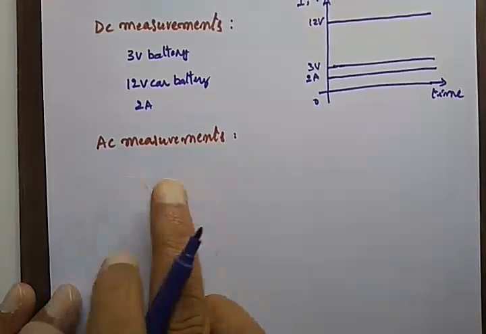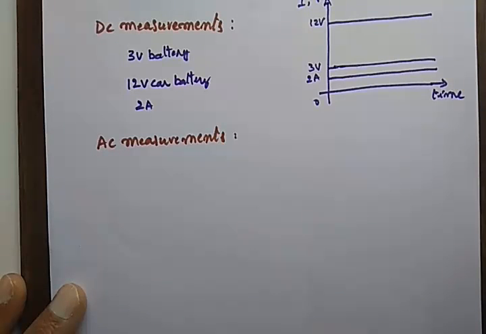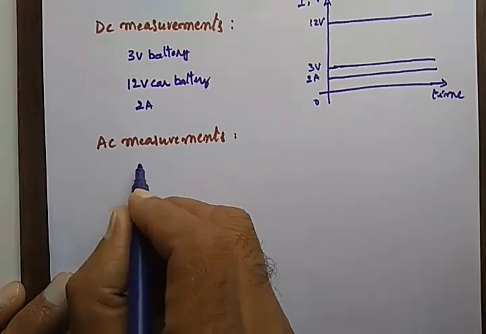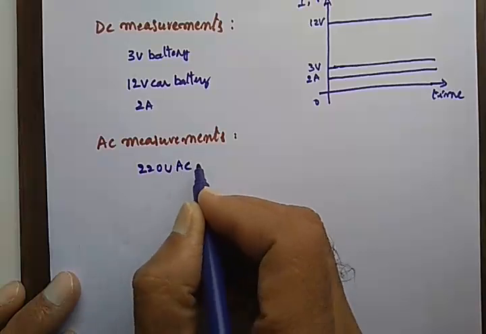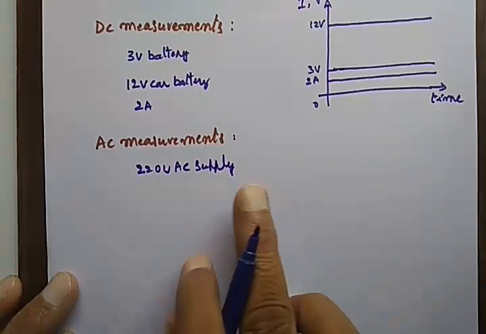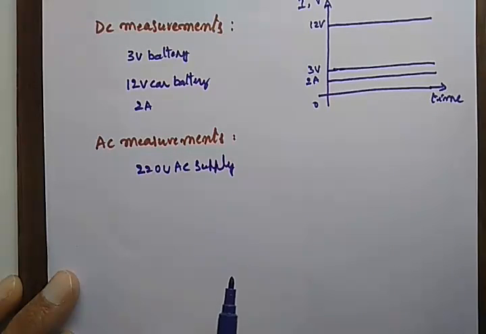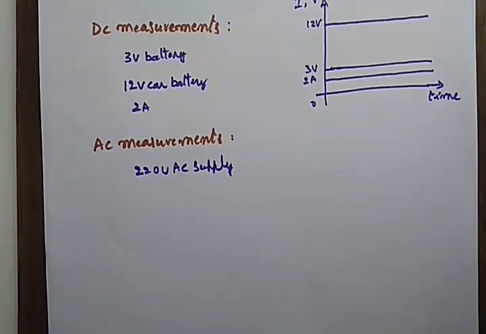So coming to AC measurements, in the house, if you say a 220 volts AC supply, here we are not talking much about frequency, it is 50 hertz. And the current also, we will say sometimes 2 amperes, which an appliance will take.